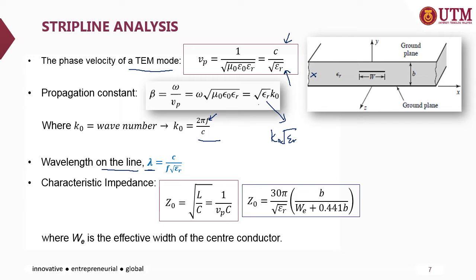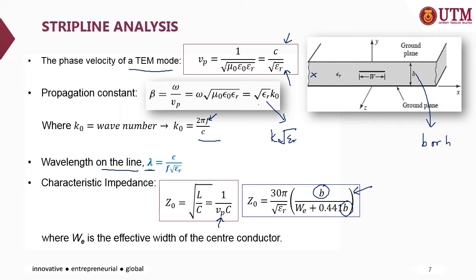while the characteristic impedance Z0 equals 1 over Vp, the phase velocity, multiplied by the speed of light, and the characteristic impedance can also be calculated by using this equation, in which it depends on B or H, the thickness of the structure.